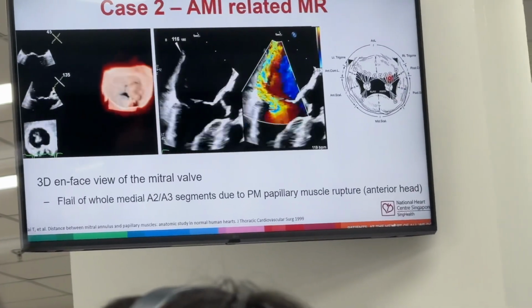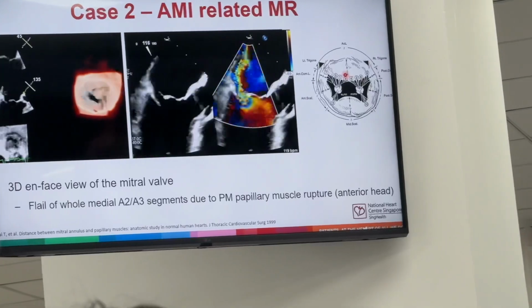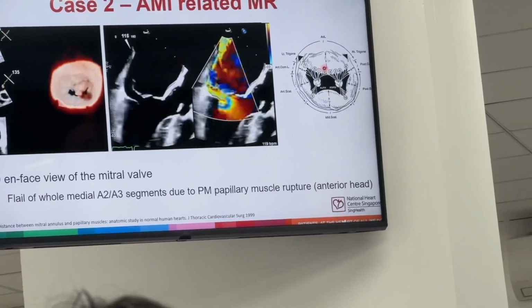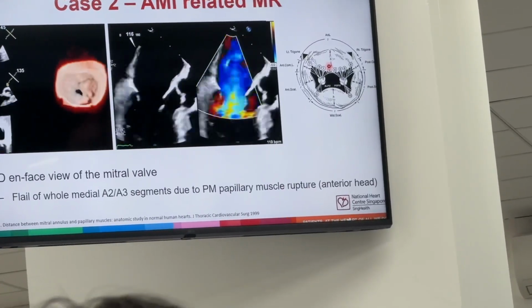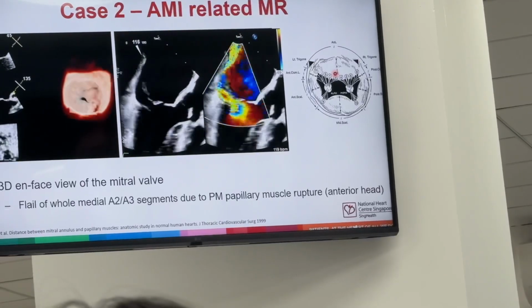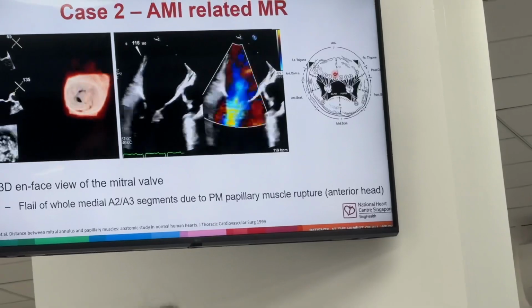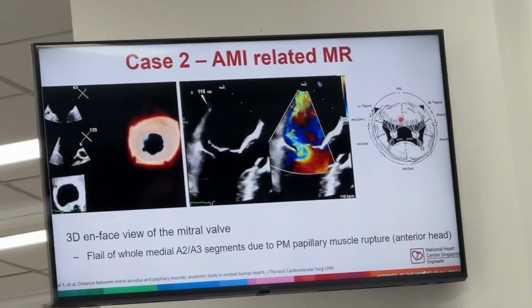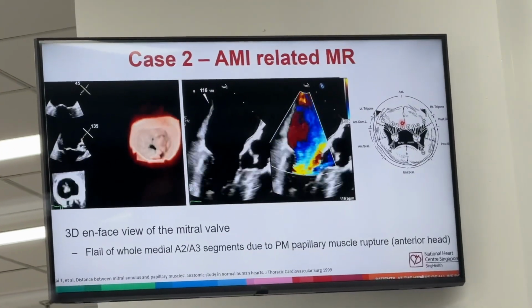As we know, the anterolateral papillary muscle holds the lateral half of the leaflets, and the posteromedial papillary muscle holds the medial half of the leaflets. So in this patient, the anterior head of the posteromedial papillary muscle is ruptured, resulting in prolapse and flail of both the A2 and A3 segments.